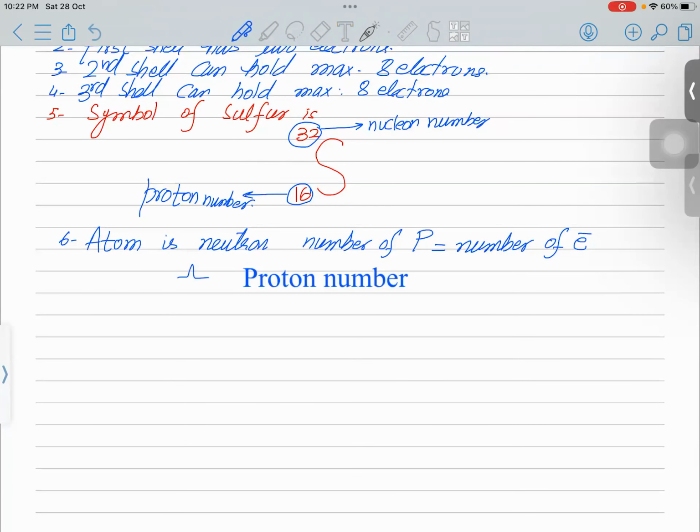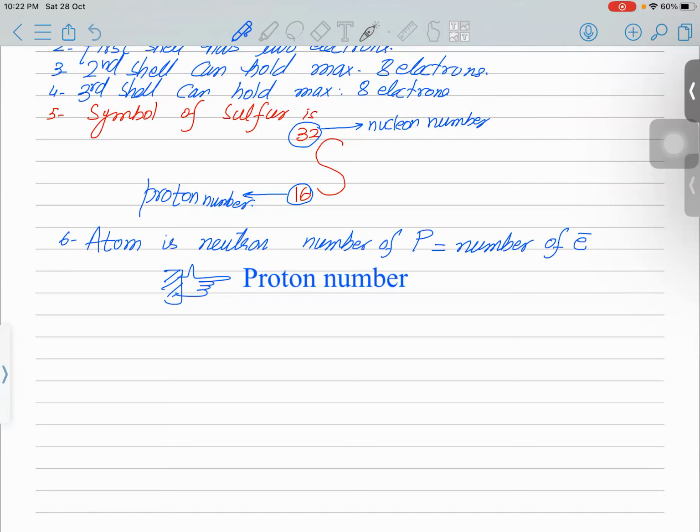What is proton number? Sir, the number of protons in an atom, in the nucleus of the atom. Very good.